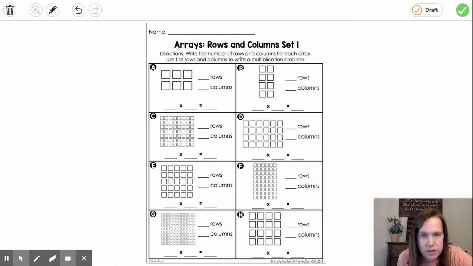Count those rows first. Here we go. I gotta look real close. That's getting smaller and smaller. 1, 2, 3, 4, 5, 6, 7, 8, 9. 9 rows multiplied by 1, 2, 3, 4, 5, 6. 9 times 6 equals, with 9s, this is what I like to do.